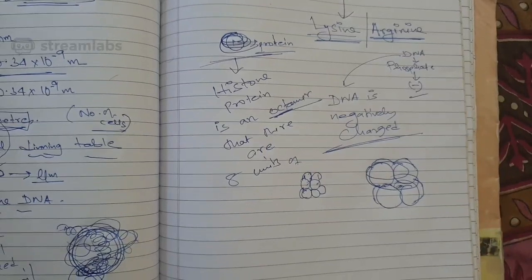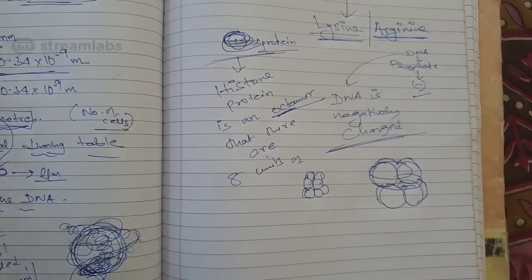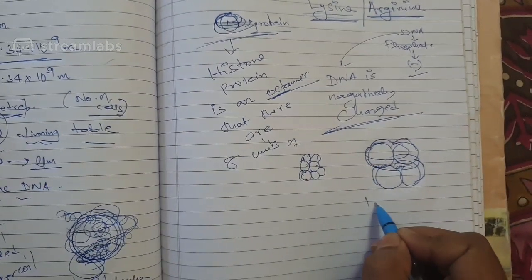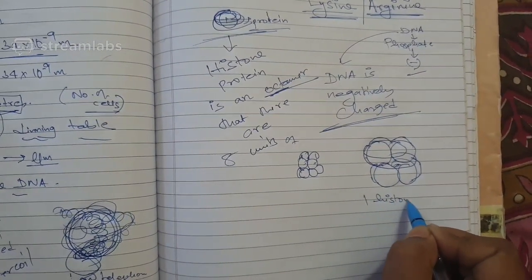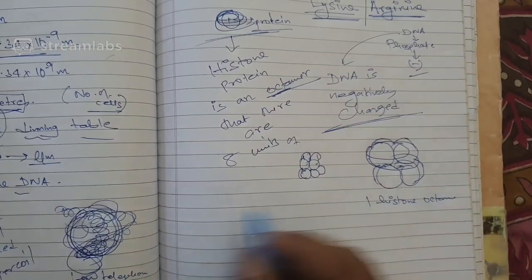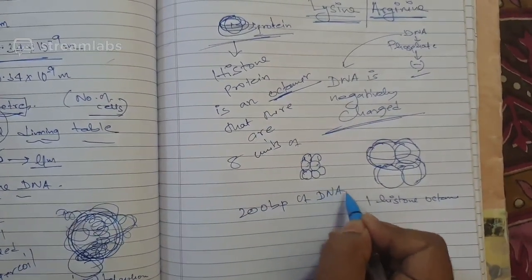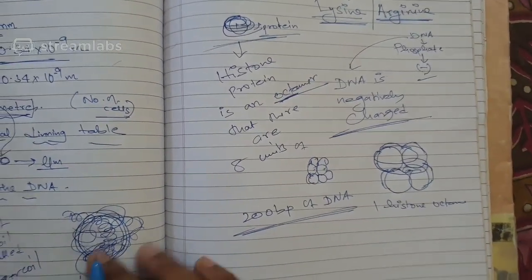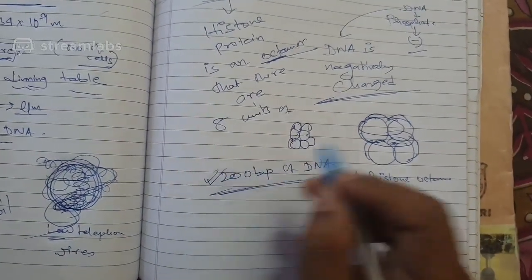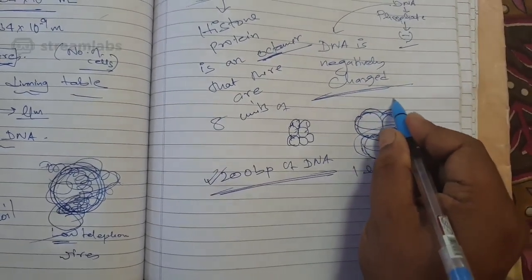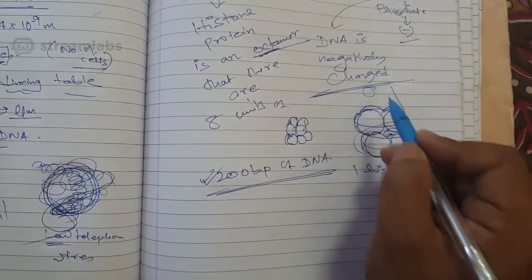Do you know how much length of the DNA actually wraps around one histone octamer? 200 base pairs of DNA. So that means only 200 base pairs of DNA wraps, and then again there is another.